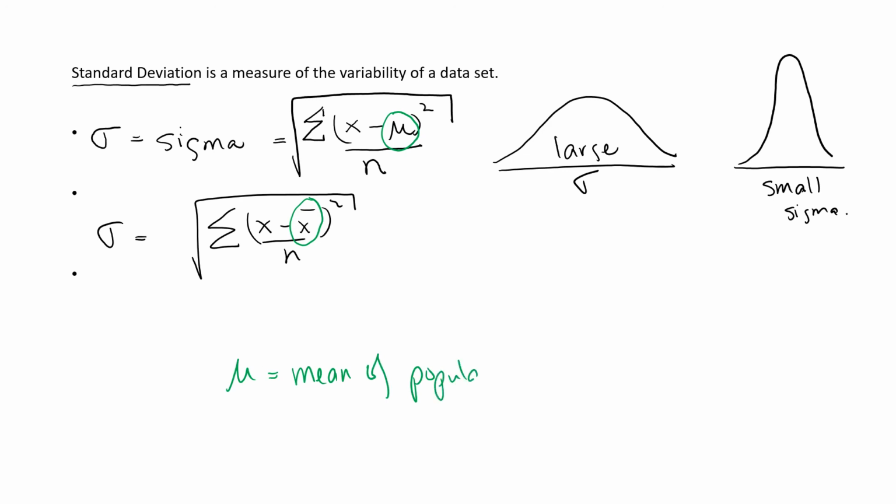So if you measured the entire population, what is the average? And x bar is the mean of a sample. So if you're only measuring 100 females for height, then it would be a sample versus all of the females in the entire population. So you'll notice a little bit of a difference there, but we'll be doing some practice questions about that.